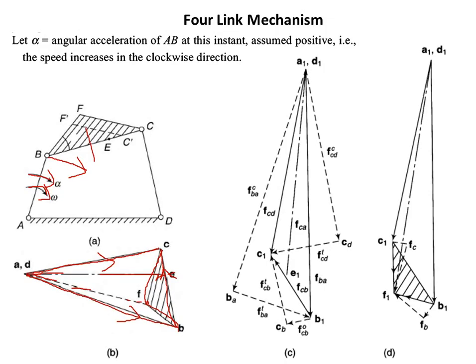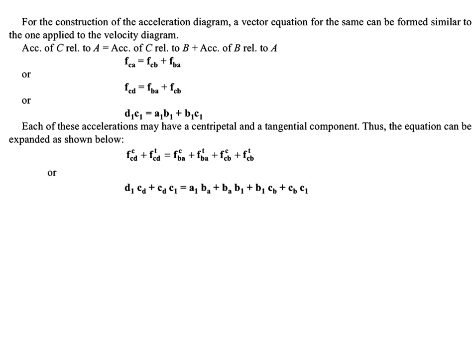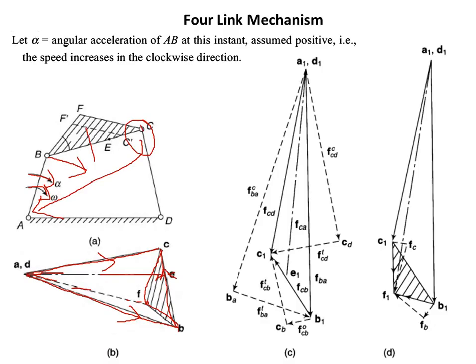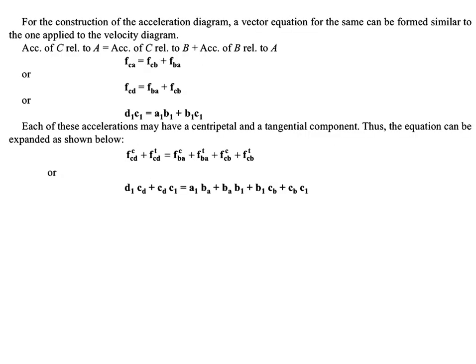So acceleration of C relative to A. If you want to get acceleration of C relative to A, in that case it is nothing but acceleration of C relative to B plus acceleration of B relative to A. So if you want to get C to A, you have to come from C to B and then back to B to A, right? So that is nothing but in the form of vector, C relative to A, you get acceleration of C relative to B plus acceleration of B relative to A. So it is nothing but FCA equal to FCB plus FBA.